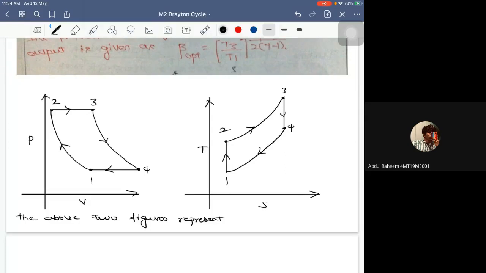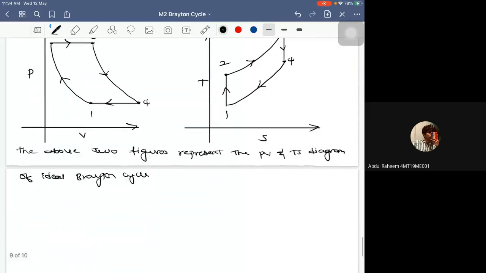So make sure you take it, because since it is a derivation, you have to solve it also.